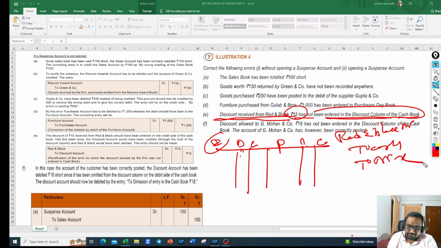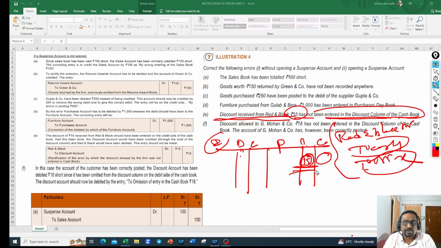This is the entry, right? So cash account we need to credit some amount, discount account also we need to credit the amount. But they forgot to write this 15 here. Since they forgot to write here, what will be the impact? That is what we need to understand.